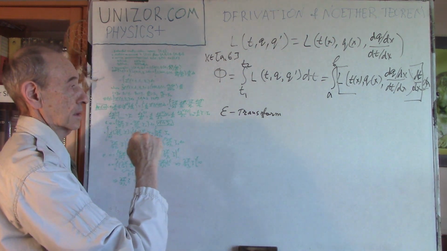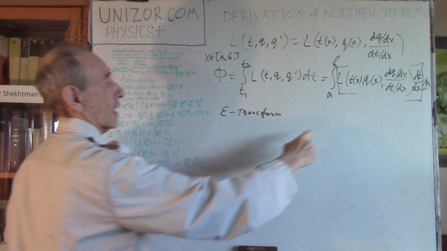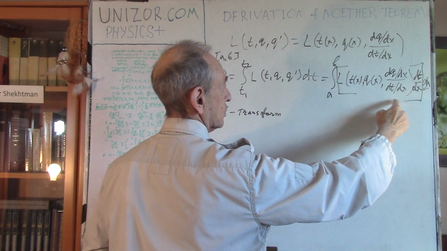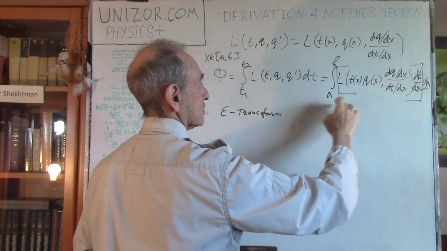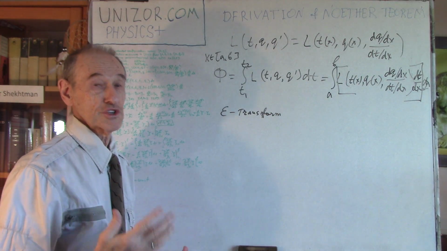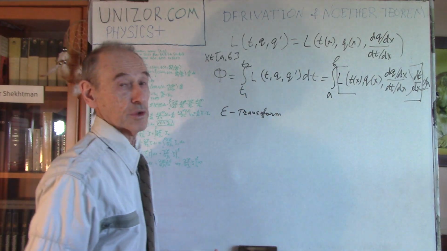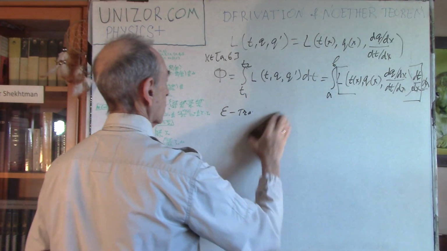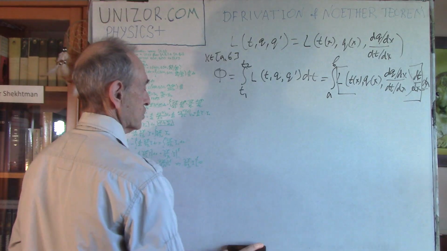Now, if I apply the epsilon transformation, I apply it to t, I apply it to q, etc., to these functions, but my limits are fixed. So it's much easier to differentiate whenever I want to differentiate. So these are all assumptions we are dealing with.